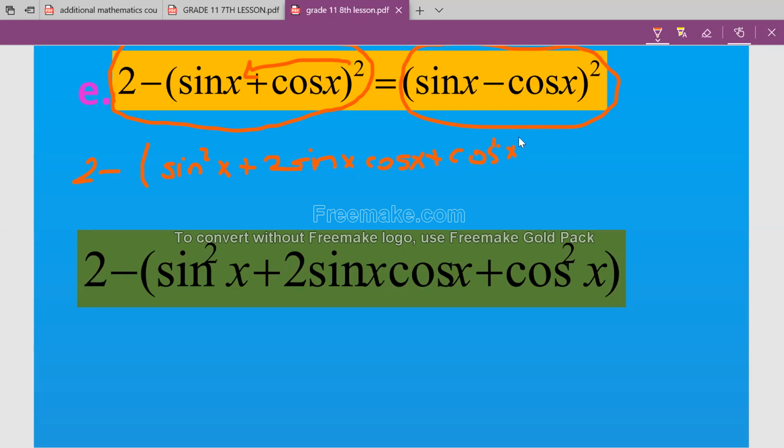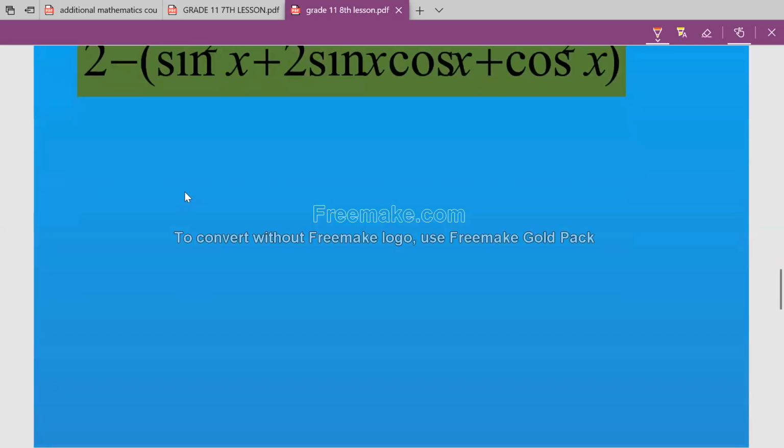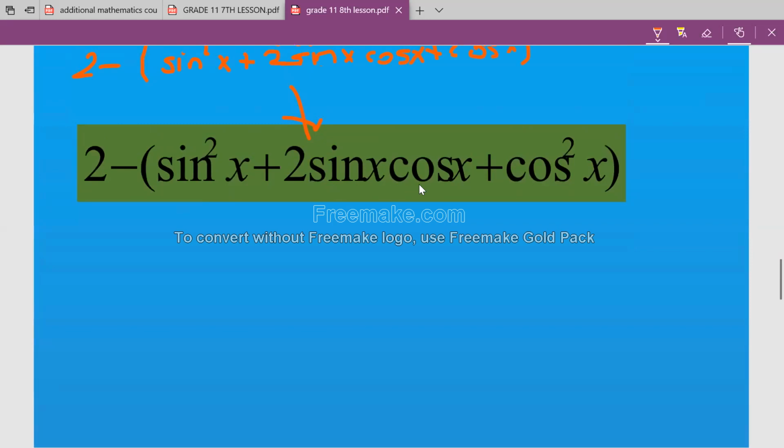So this is our first part. I expanded the brackets to get the squares of the terms. So what do we have now? 2 minus sine square x plus 2 sine x times cosine x plus cosine square x. What do we do now?